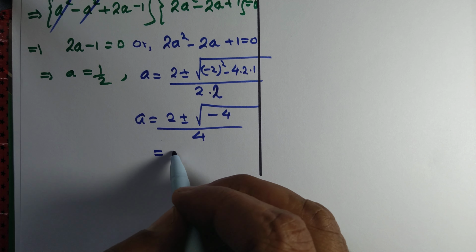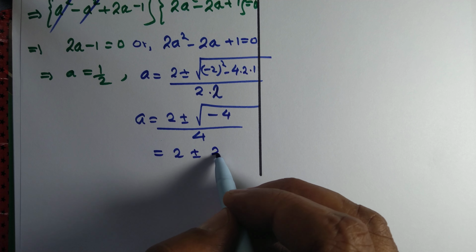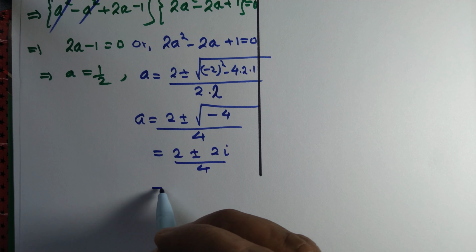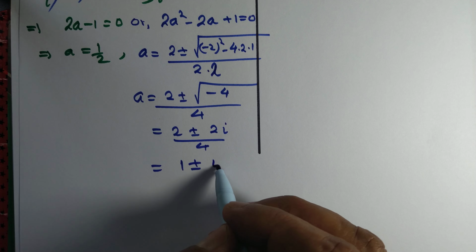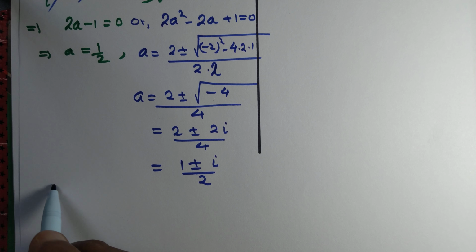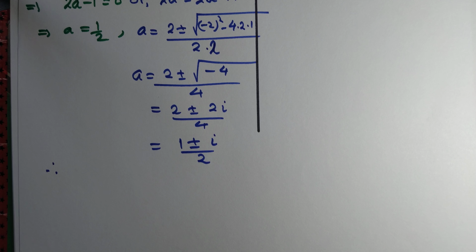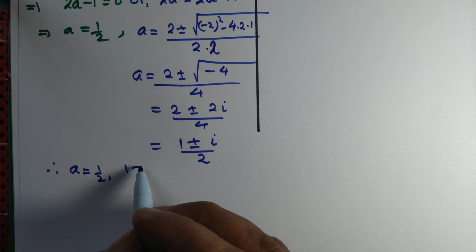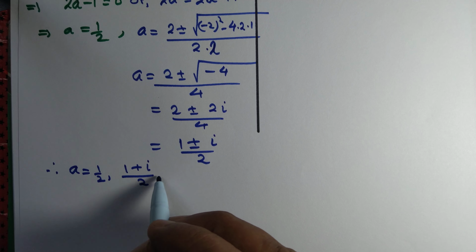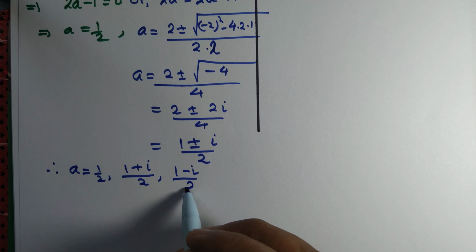And that's equal to 2 plus minus 2i by 4, and that's equal to 1 plus minus i by 2. Therefore, values of a are given to be a equal to half, 1 plus i by 2, 1 minus i by 2.